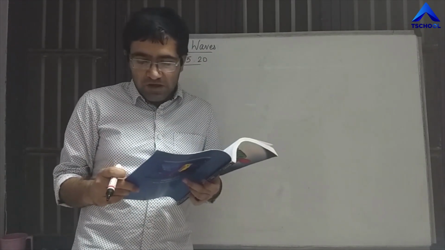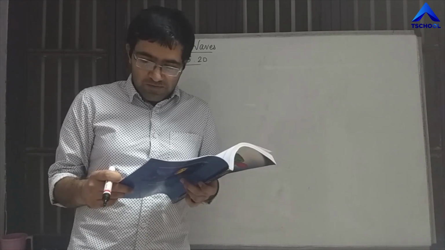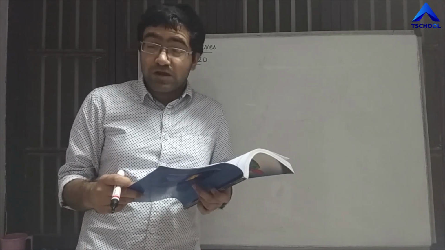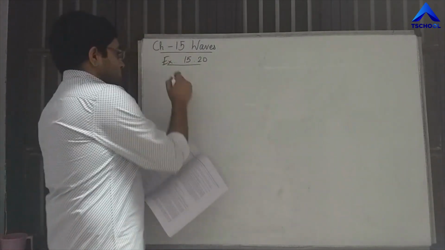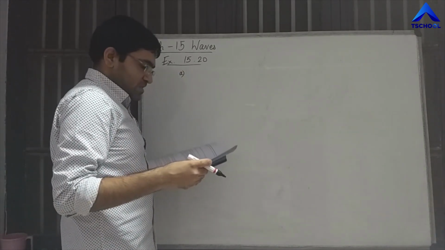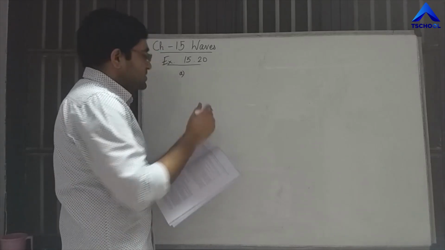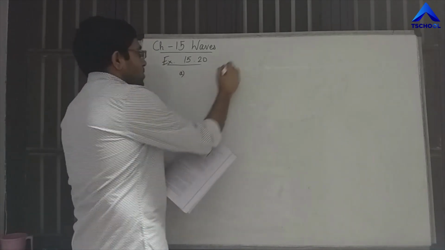What is the frequency of the whistle for a platform observer when the train approaches the platform at a speed of 10 meter per second? So the first part, A: what is the frequency heard by the observer?